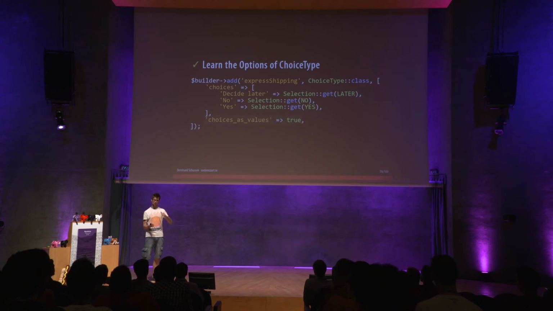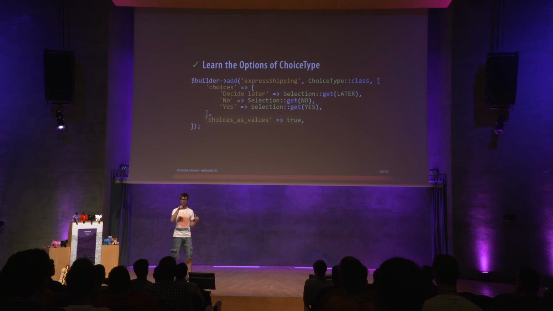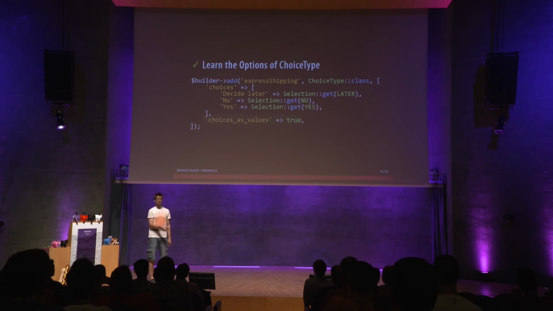You cannot just select from strings and integers, but you can pass objects to your dropdowns. And then your customer can choose any of these objects, and your application will receive the selected object. Right? That's very, very convenient. Before Symfony 3, you need to make sure to include choices as values to enable that flipped functionality.